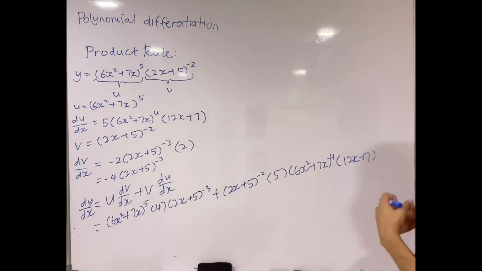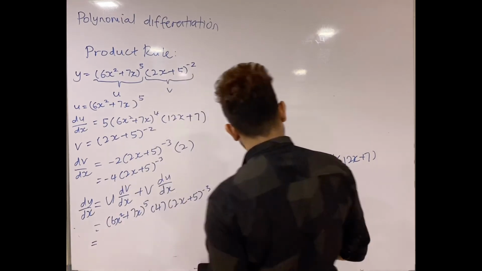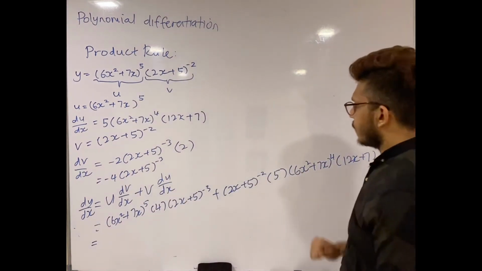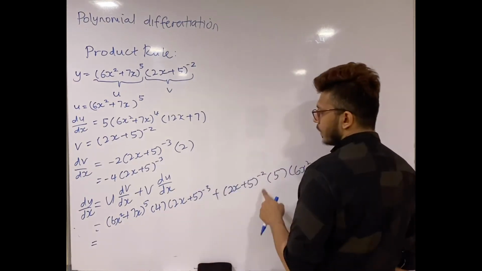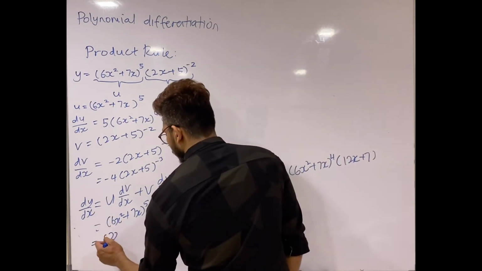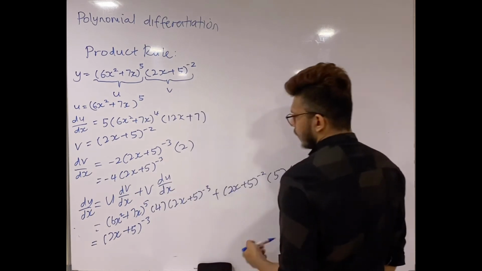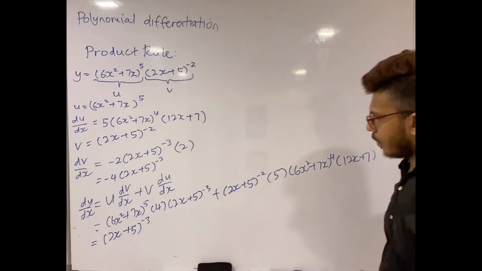Okay, now it's time for us to simplify this. First, let's take out the common terms. (2x plus 5). Always take out the smallest power. So the smallest power here is -3. As for this term here, the smallest is power 4.